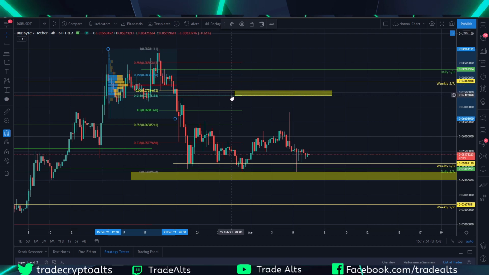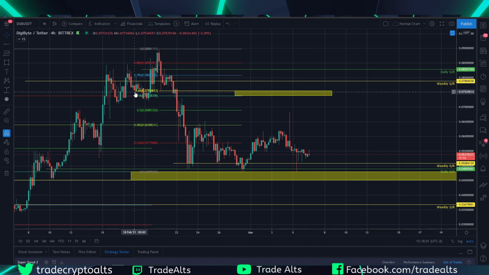So your value area low with your golden pocket, and your value area low of this price action right here. Nothing lines up super well, but nonetheless an interesting level to be aware of. I wouldn't be surprised if you did pop back up here initially. This is likely to be a resistance.